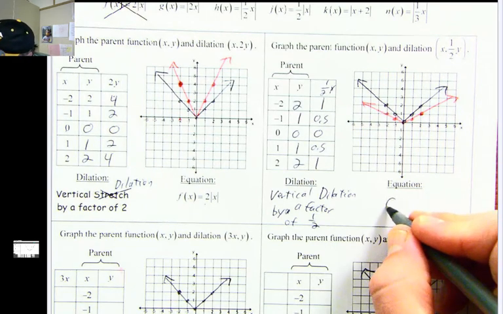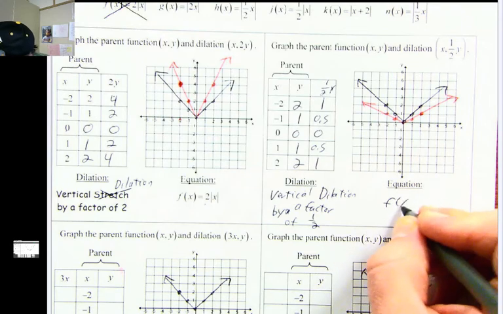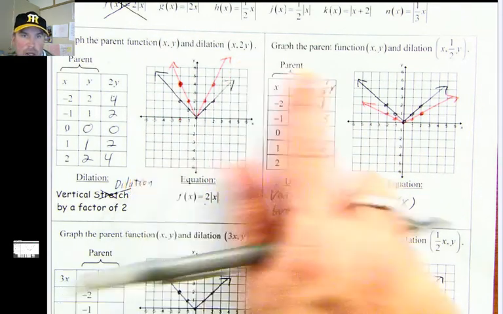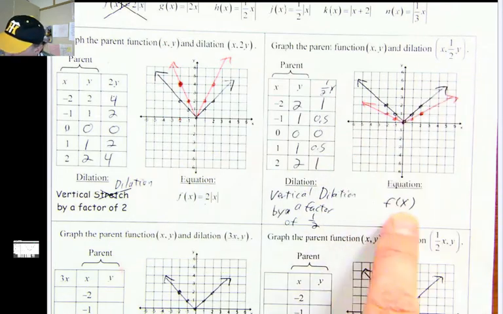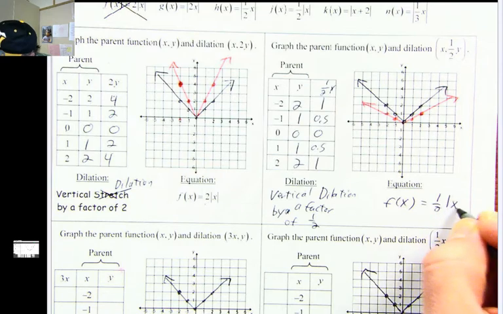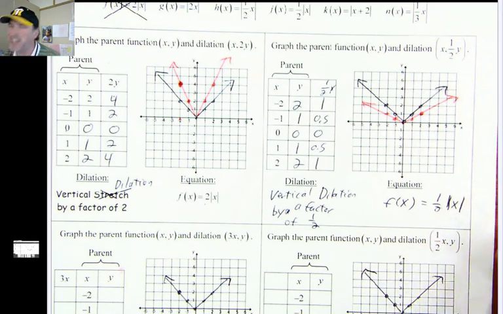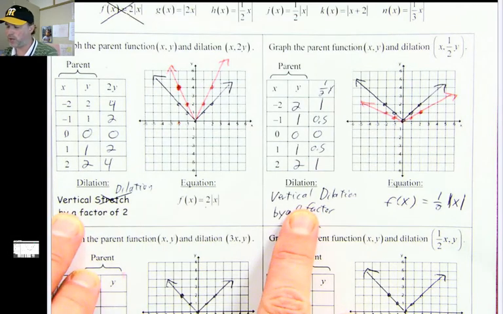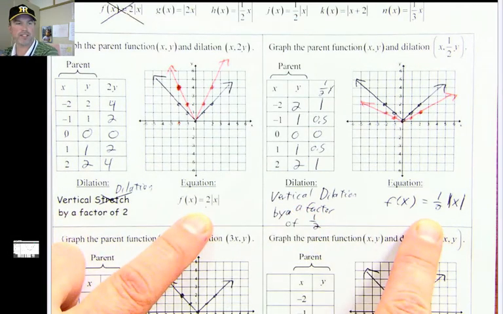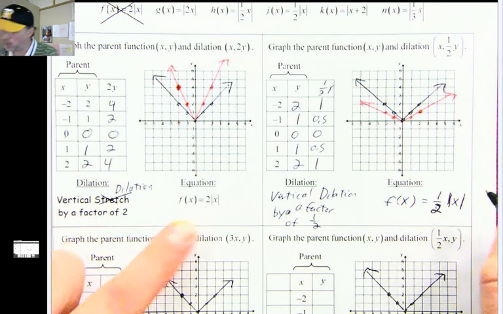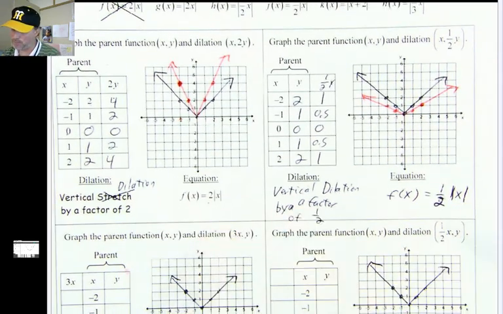And if we follow our last problem as an example, if this one was f of x equals 2 absolute value x when it was 2y, the 1/2 would end up being 1/2 absolute value x. So kind of like before, the vertical stuff is going to affect the y-coordinate, and the equation ends up being stuff outside the equation, outside of the function.